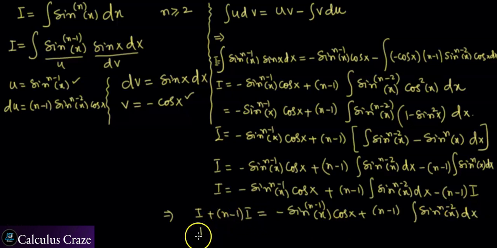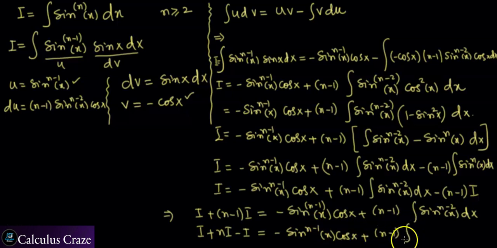You will have I plus nI minus I equal to minus sine power n minus 1 of x cos x plus n minus 1 times the integral of sine power n minus 2 of x dx.